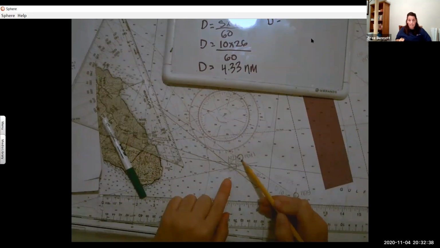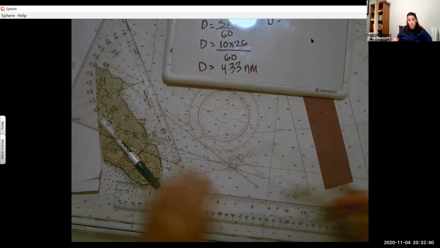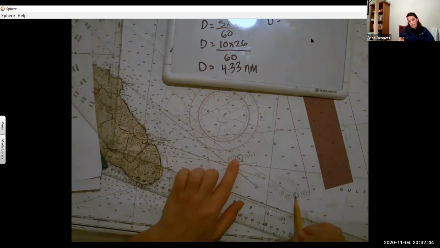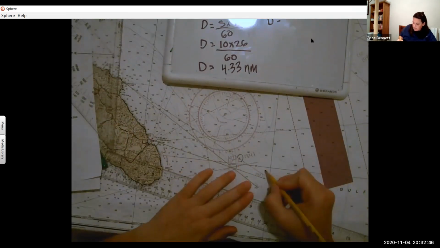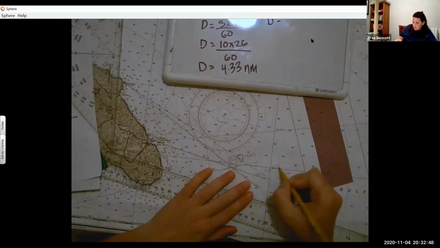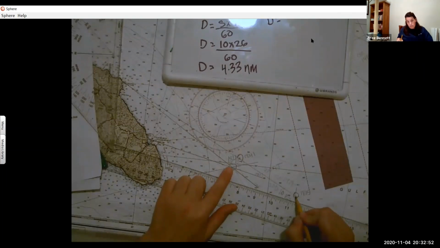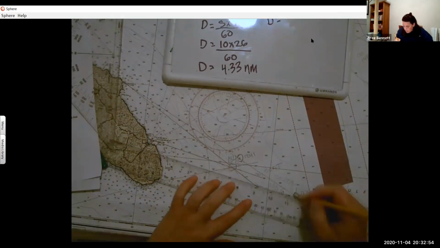So now I can create that vector triangle. My DR line or my track line, that's going to be my boat. A known position to a known position, that's going to be the made good line.